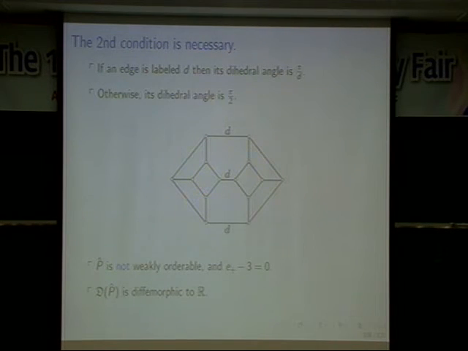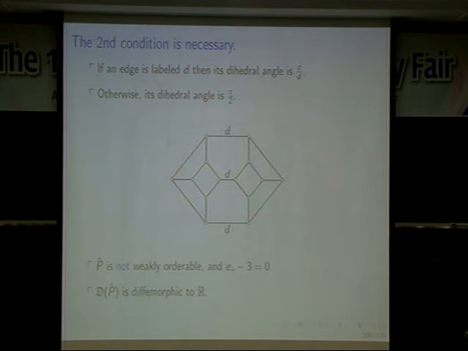Also, the second condition is that this is an example of a three-dimensional polyhedron. If the edge is labeled D, its dihedral angle is pi over D, otherwise all are right angles.